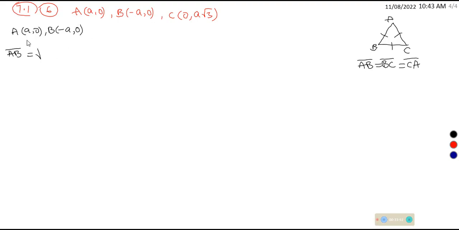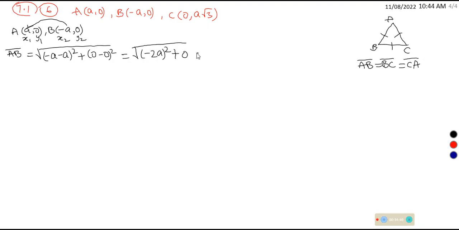So x2 minus x1 is minus a minus a, that is minus 2a, whole square, plus 0 minus 0 whole square, which is 0.